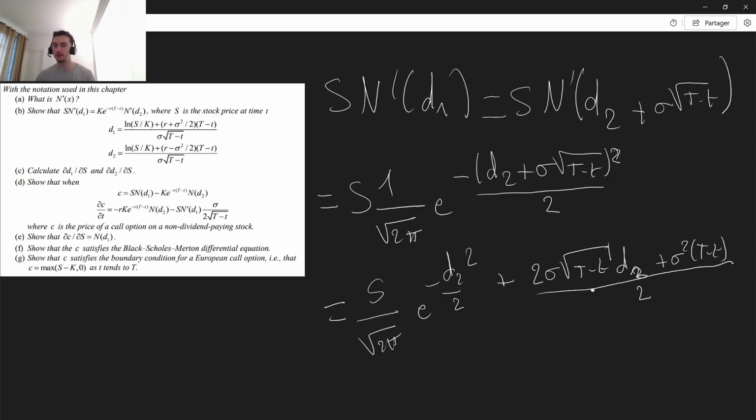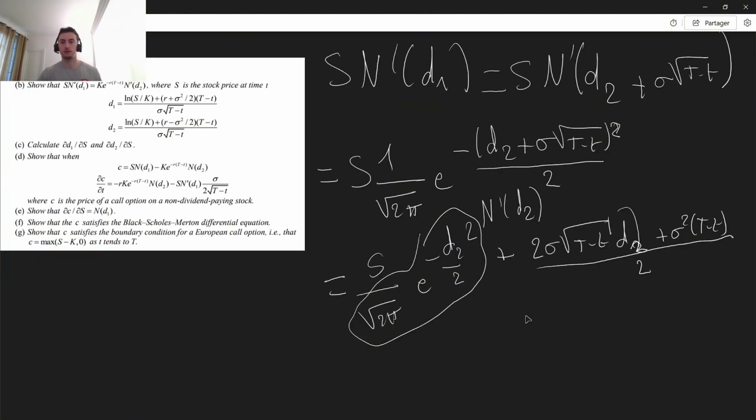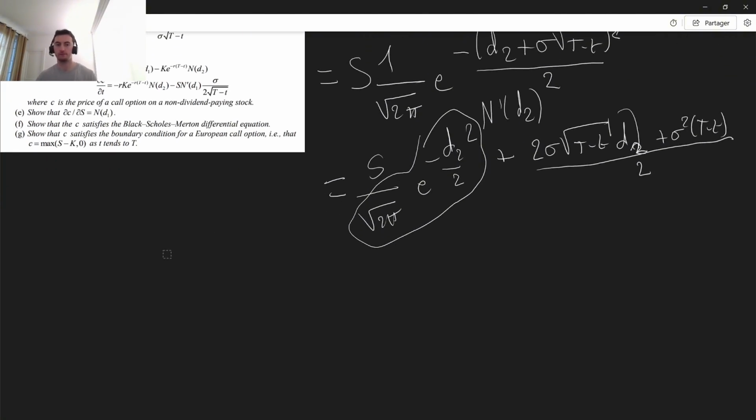And what this will give us is, here we can recognize n prime of d2. Okay, and now we will use the equation for d2, because this will give us s n prime of d2 times exponential of 1/2 of 2 sigma square root of T minus t.